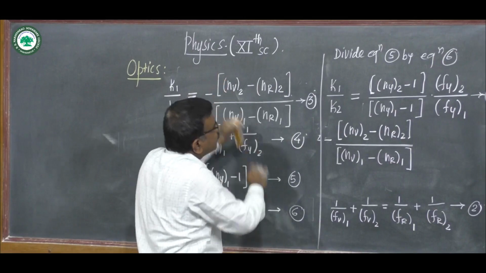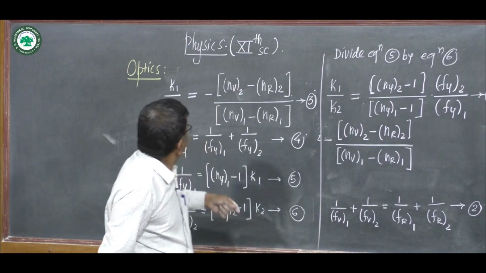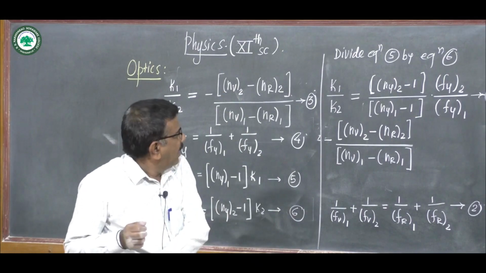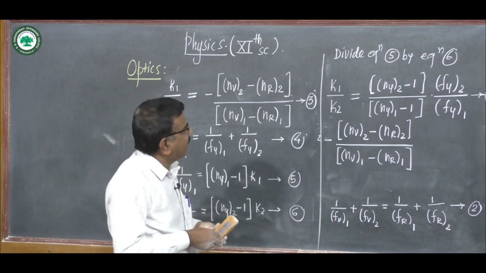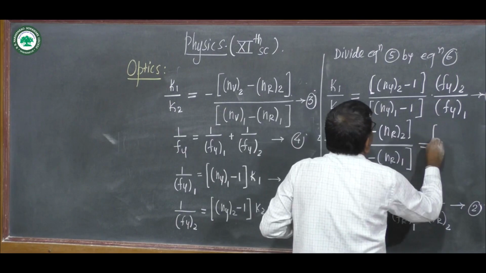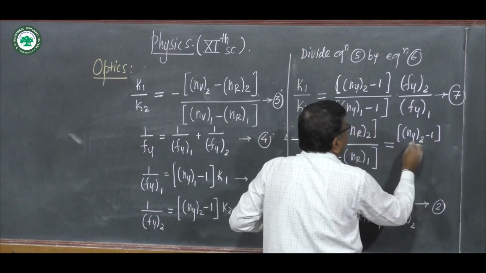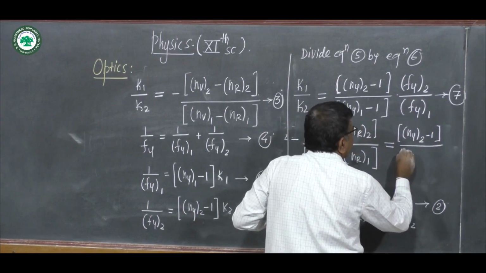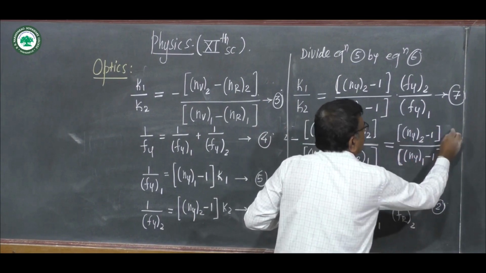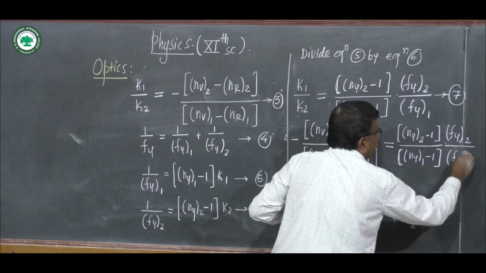This part must be equal to that part, that is k1 upon k2, this part minus (nv2 minus nr2) upon that much part, and we write this as equal to (ny2 minus 1) upon (ny1 minus 1) into Fy2 upon Fy1.